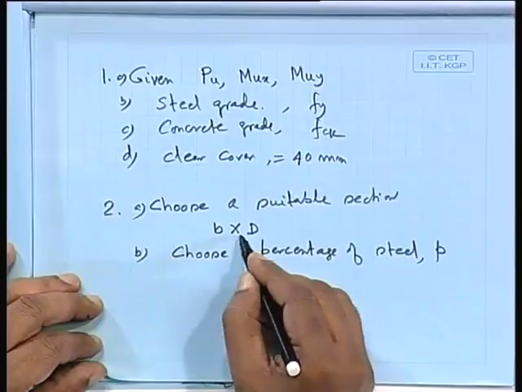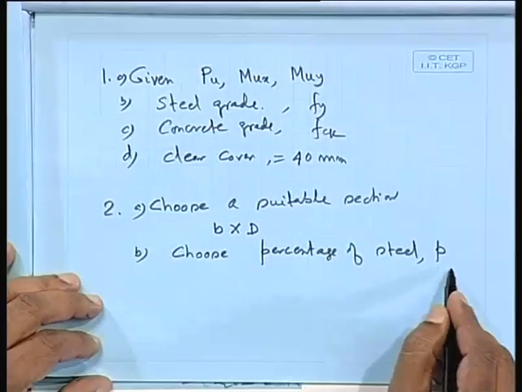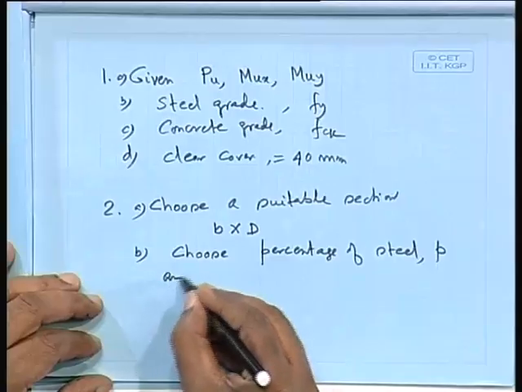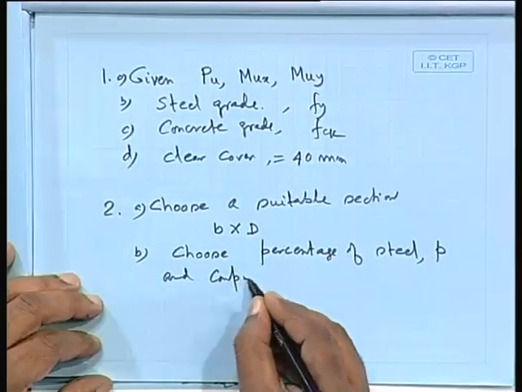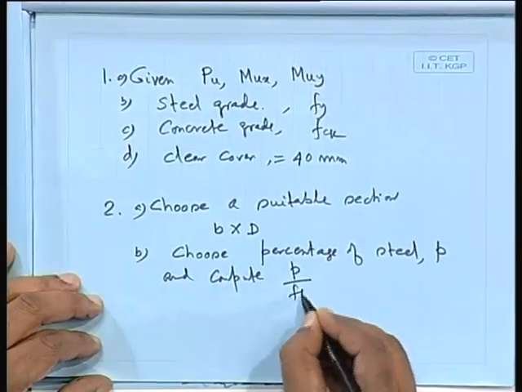So, you are choosing a section B times D, choosing the percentage of steel also, and computing P by FCK.